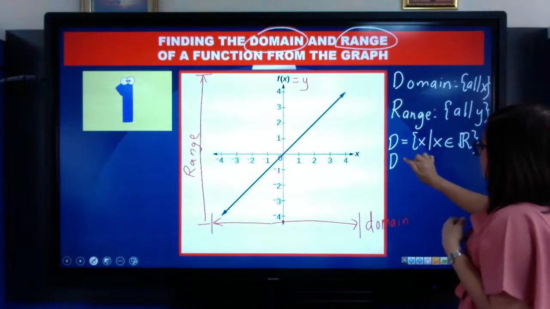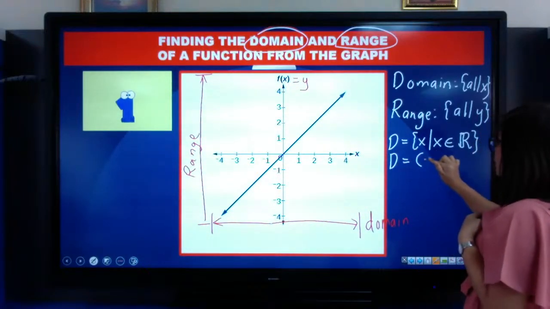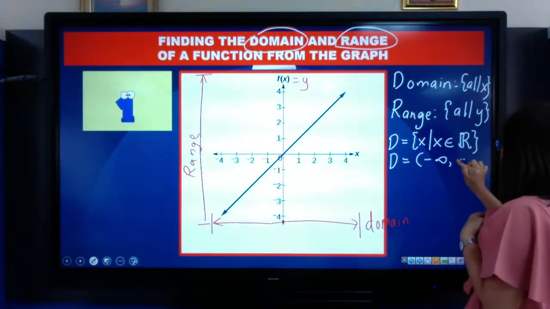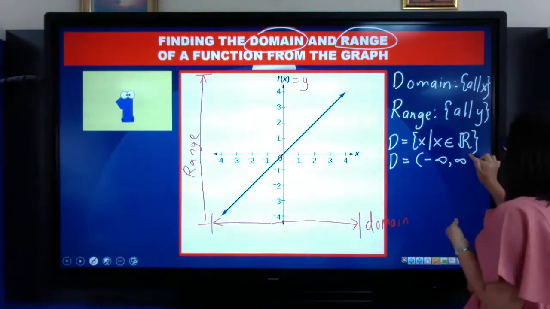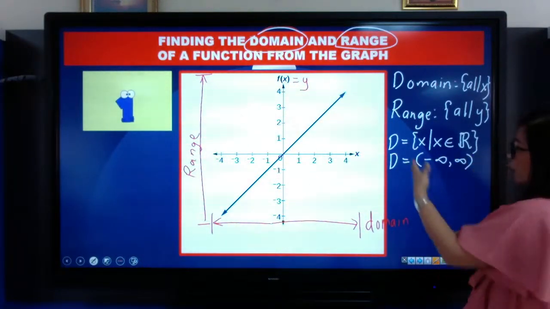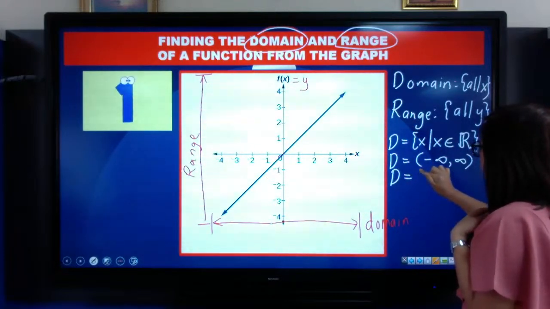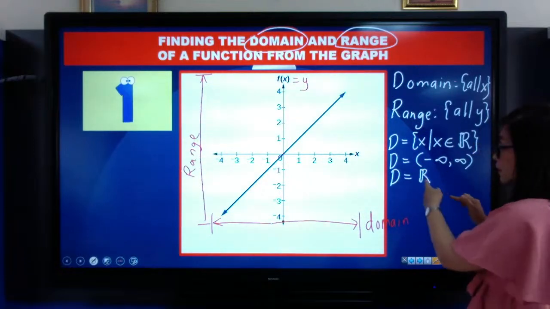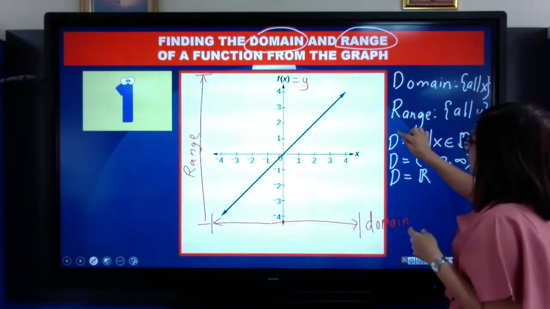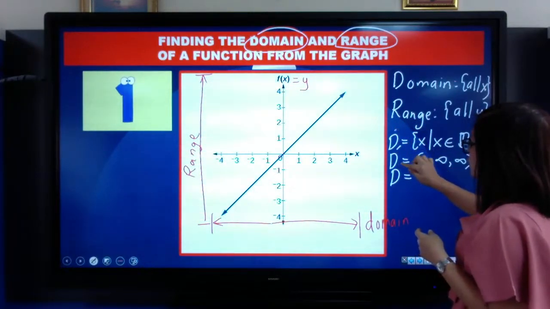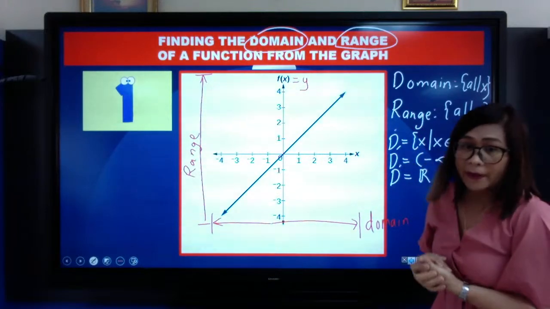Or you can write it like this: open interval, negative infinity, comma, positive infinity. Either of the two is okay. Or you can write domain is just letter R for real numbers. Either of the three is correct.